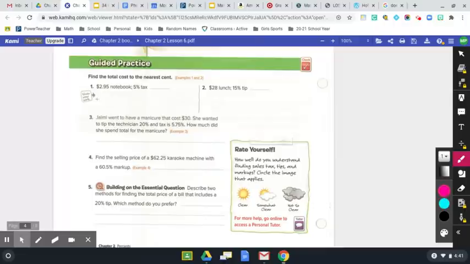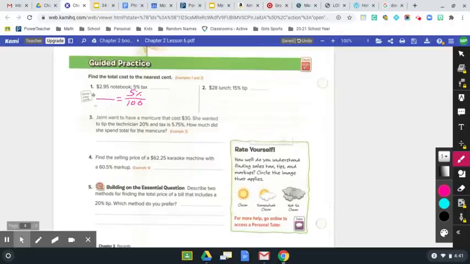So like I said, we're going to start with setting that proportion up. And you know that when we set the proportions up, we always take care of the percent over 100, right? So if we're given the percent, which in this case is 5%, we're going to put 5% over 100%.